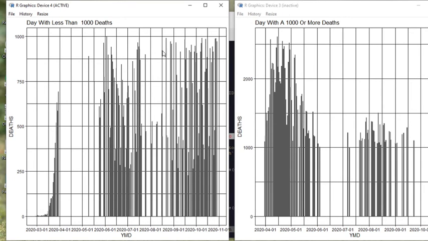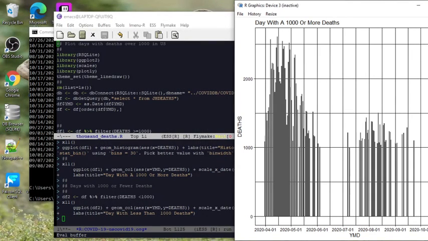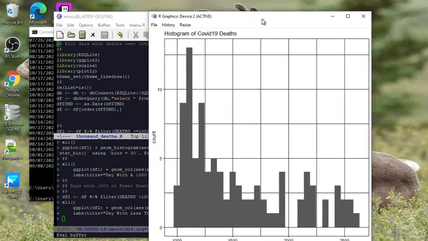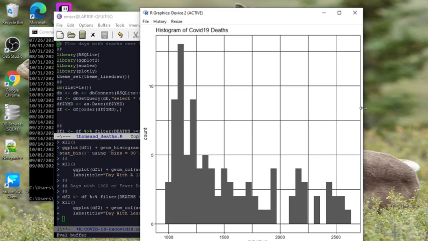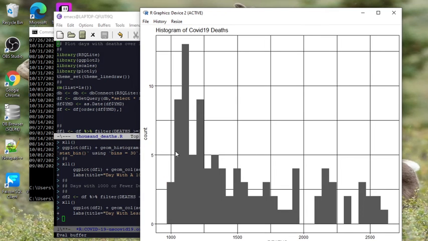Just back over here. Close that. Take a look at this over here. This gives us the count, the number of times that this number occurs. So this is 1,000 deaths. So only two or three times did we have exactly 1,000 deaths.